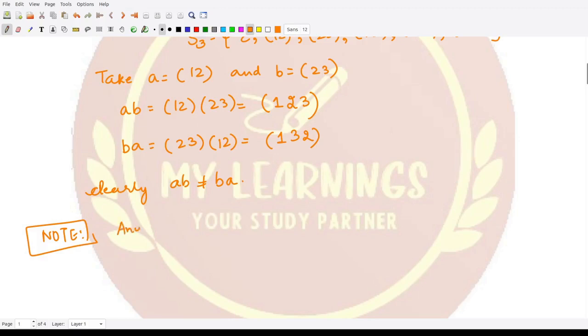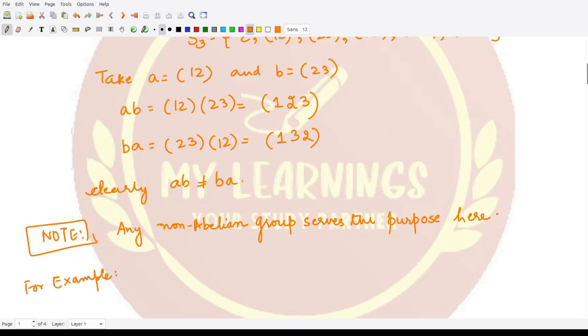In fact, you can note that any non-abelian group serves the purpose here, right? So you can give other examples as well. For example, you can provide the example of the dihedral group D3, right?